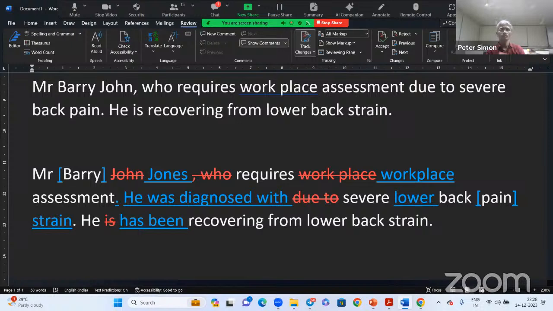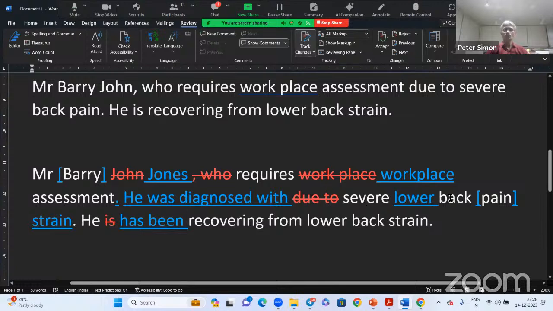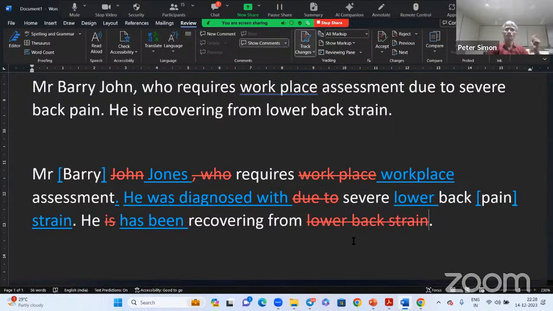Okay. So either use a diagnosis or use recovery. Any one you can use. Now, from lower back strain, due to severe lower back strain. So lower back strain, this is repeated. So why are you repeating it?